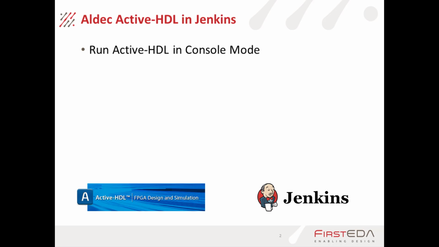So ActiveHDL has a console mode, sometimes referred to as vSim-SA or vSim standalone, that we can use to run simulations in a batch mode. So to work with Jenkins, we have to create a script that allows us to run ActiveHDL in batch mode.